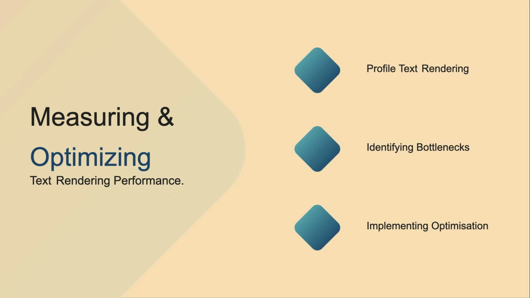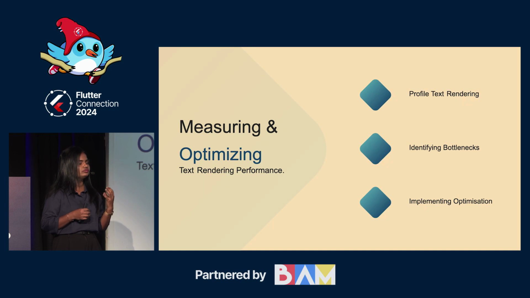Next, measuring and optimizing in order to monitor the performance of each text rendering in our applications, because our application is made up of text components in most places rather than images or anything. Our application is completely filled with text.